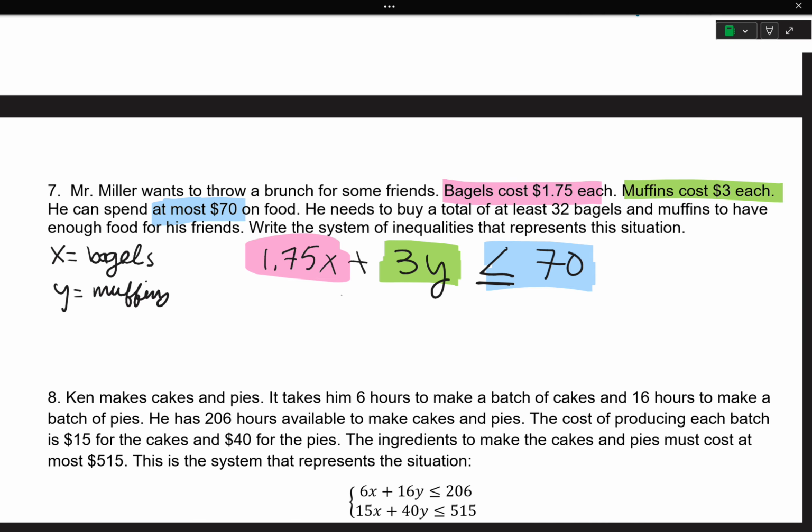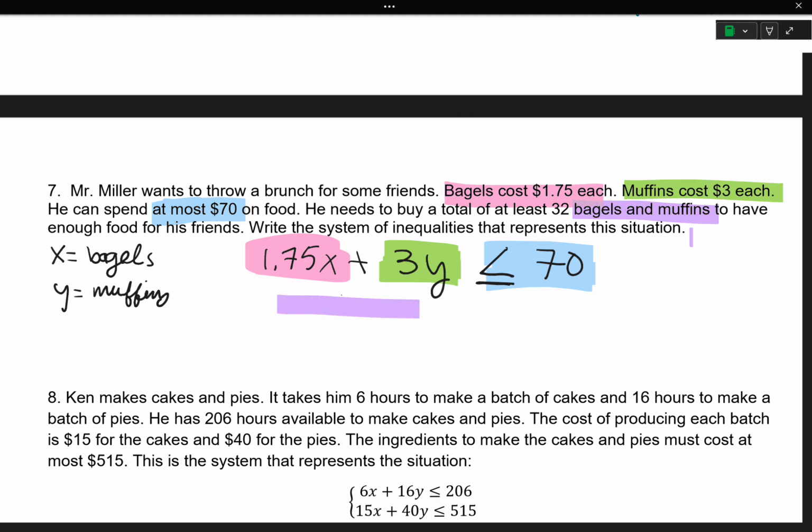He needs to buy a total of at least 32 bagels and muffins. Bagels and muffins. Ah, man, I don't have enough colors. How am I going to do this? We're just going to have to improvise. All right. So, oh, I know.